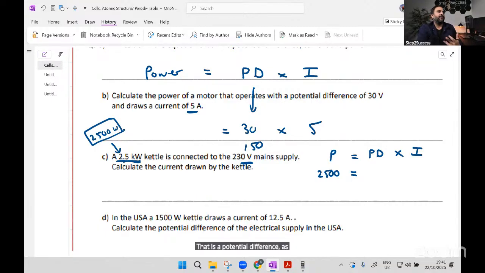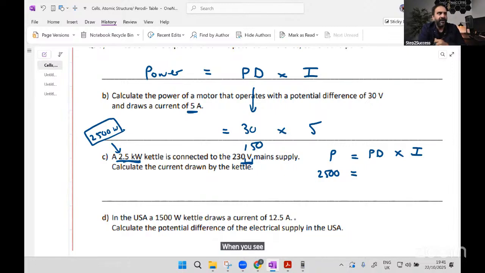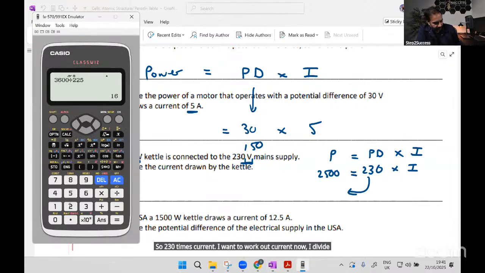As I said earlier, potential difference is another word for voltage. It's measured in volts. So whilst these questions don't explicitly say this is the potential difference, when you see the units V, it can tell you that that's what it is. So 230 times current. If I want to work out current now, I divide 2,500 by 230, and I will get 10.9.